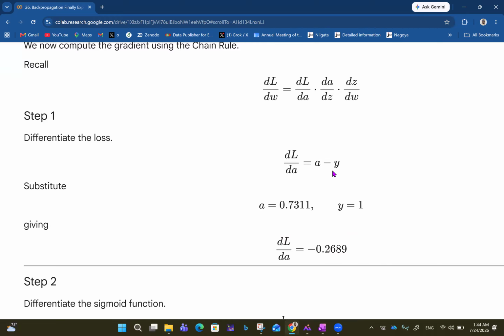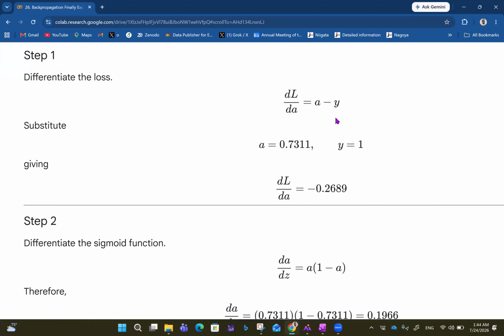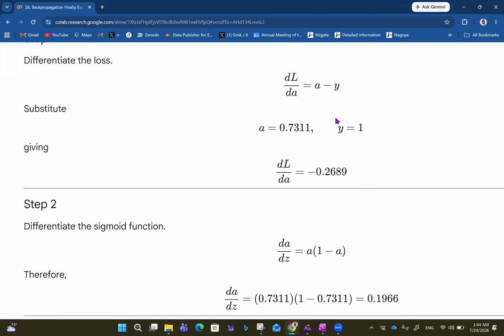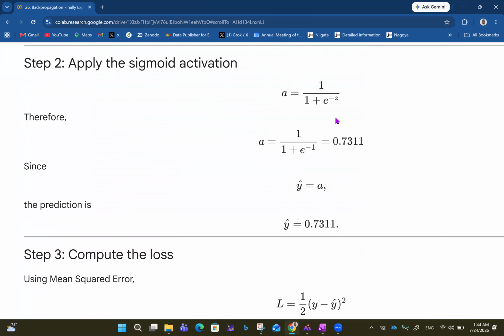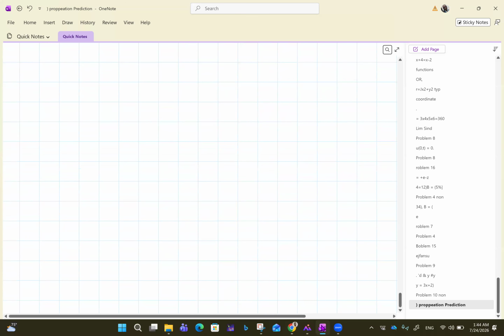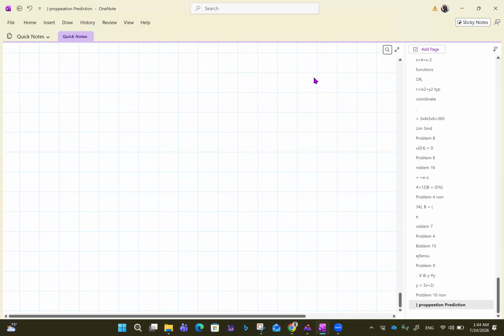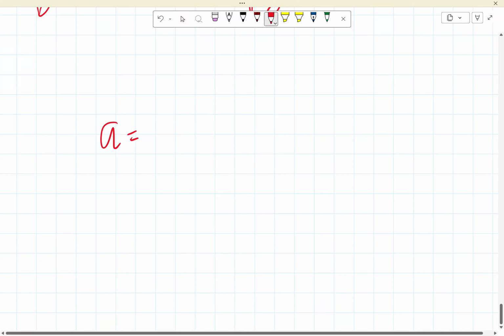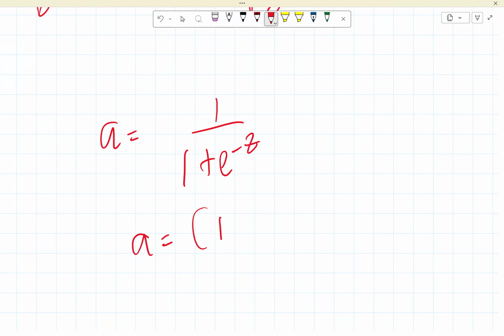We have a, and we know y as the target. Then we differentiate the sigmoid function. The sigmoid function is a equals 1 over 1 plus e raised to minus z. That means a is equal to (1 plus e raised to minus z) raised to minus 1.